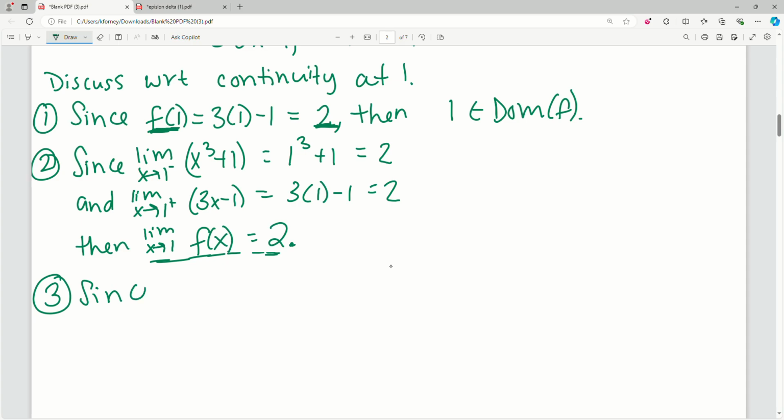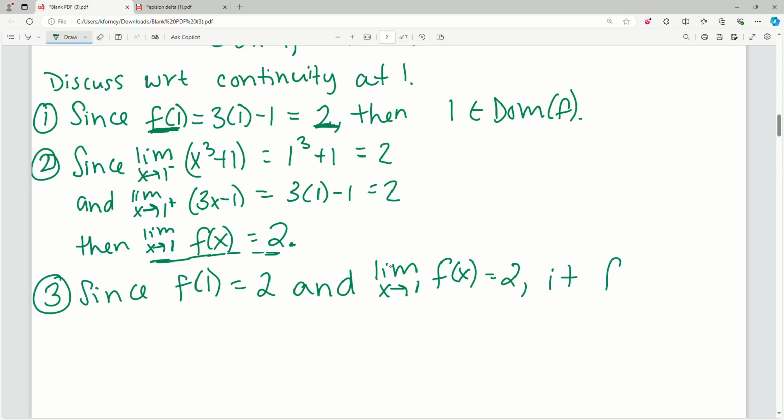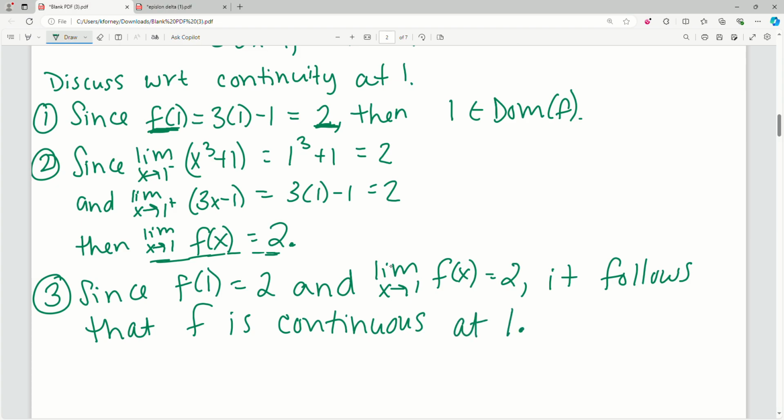So we can say since f of 1 equals 2 and the limit equals 2, it follows that f is continuous at 1. Here's what I found. We're good.